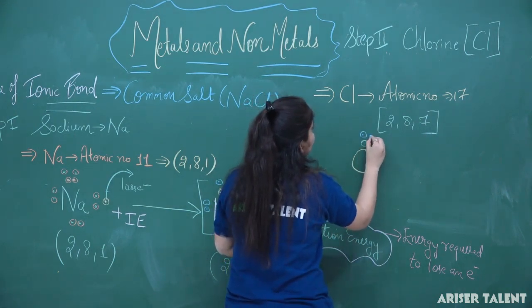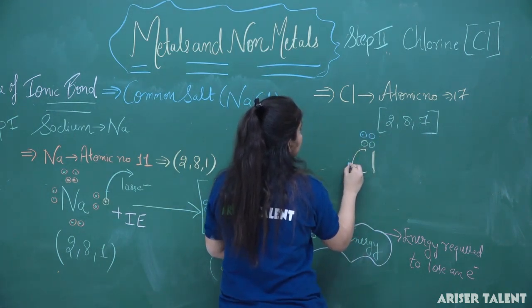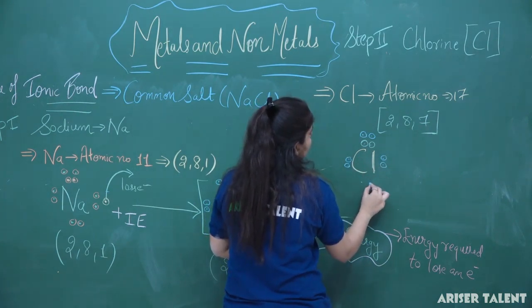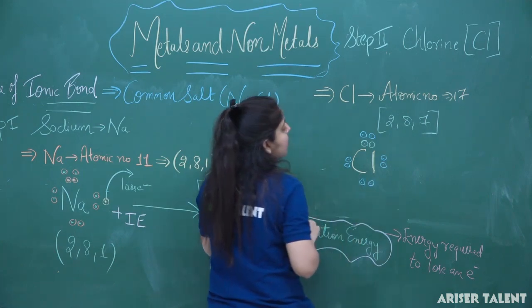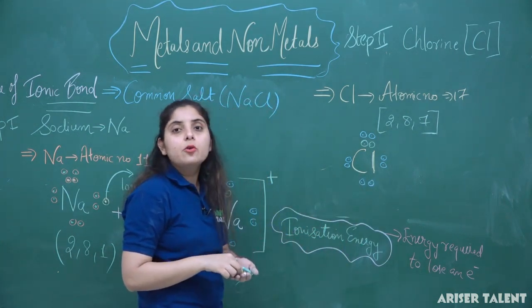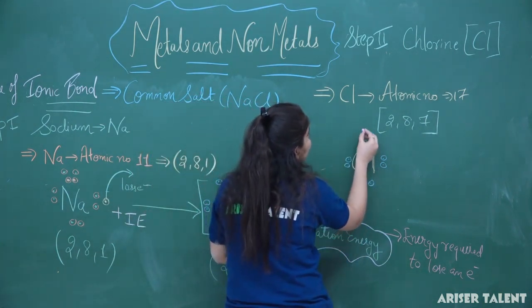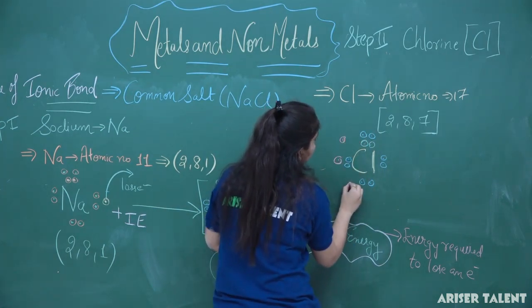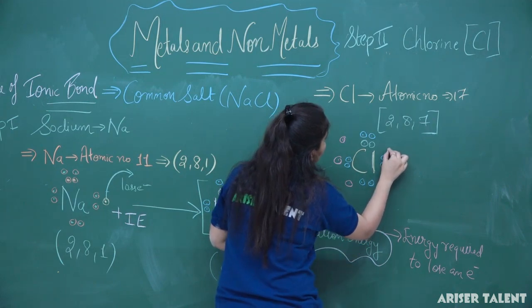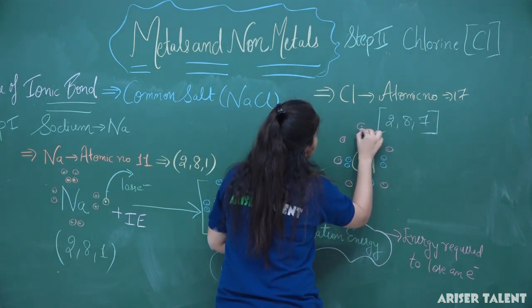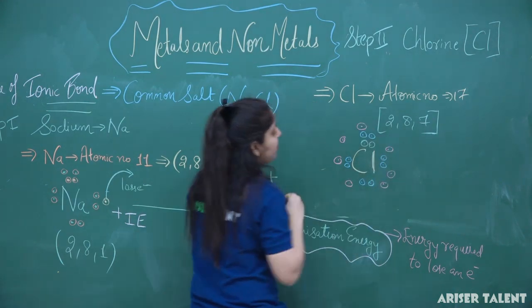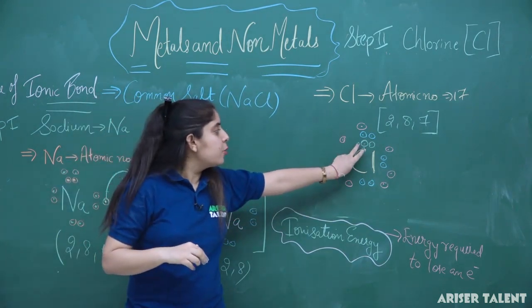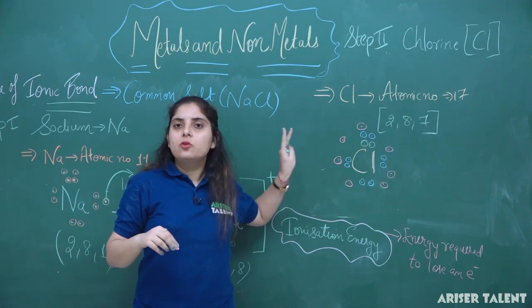Next, 8 electrons. And finally 7 electrons in the outermost shell. So 7 electrons are distributed as 1, 2, 3, 4, 5, 6 and 7.